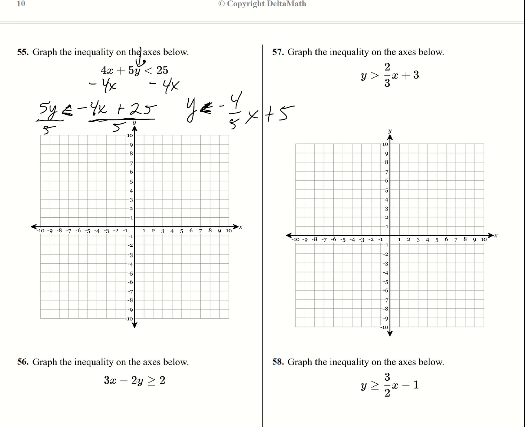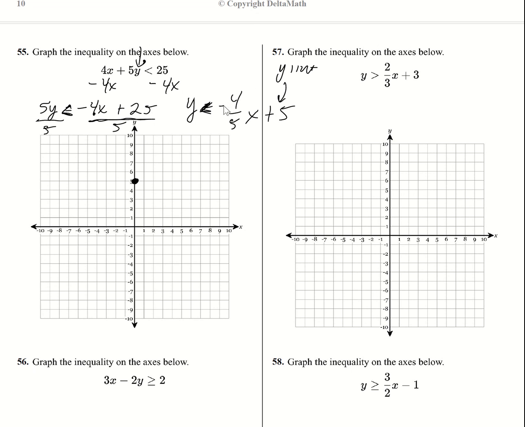So now what I'm going to do is graph what's called the boundary line. I'm going to graph this as if it's a line, like y equals mx plus b, but because it's y is less than and not y is less than or equal to, I'm going to make my line dashed. So this is my y-intercept, so I'm going to graph a point at 0, 5.